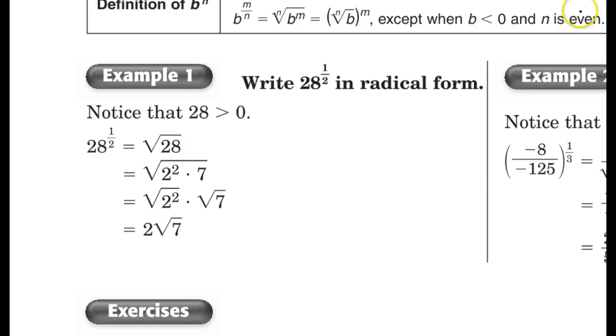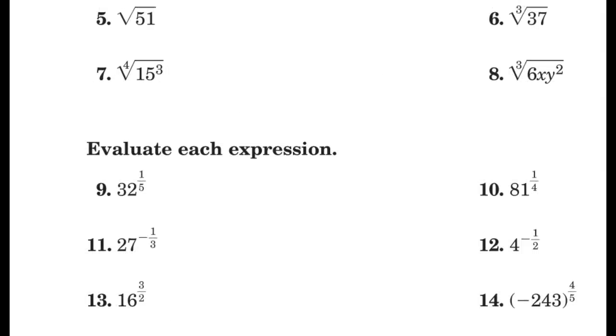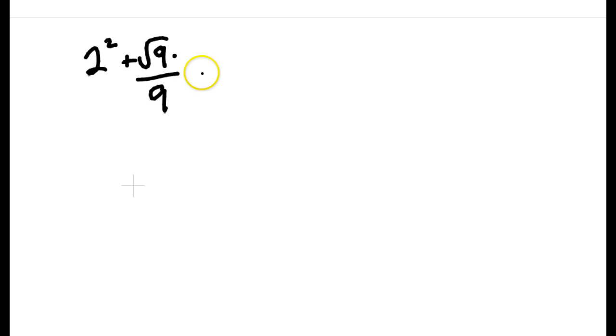Let's do a little background before we start, and I want to take you back to 7th grade when you learned order of operations, right? If you had an order of operations problem like 2 squared plus the square root of 9 divided by 9, plus 7 minus 1, something like that.